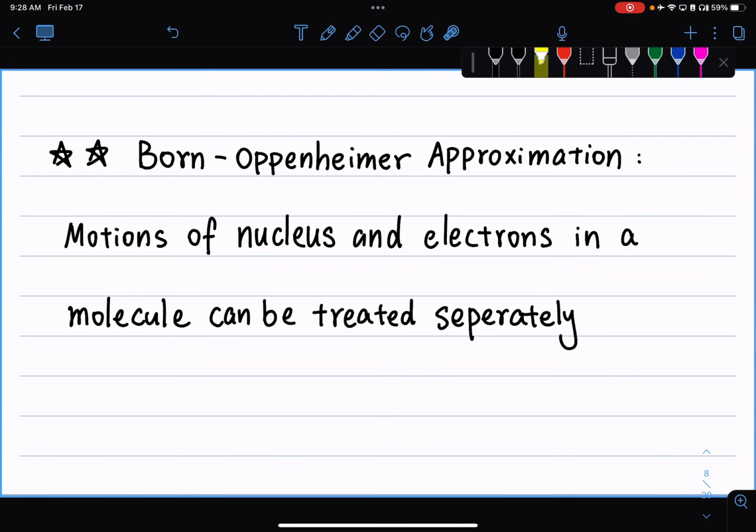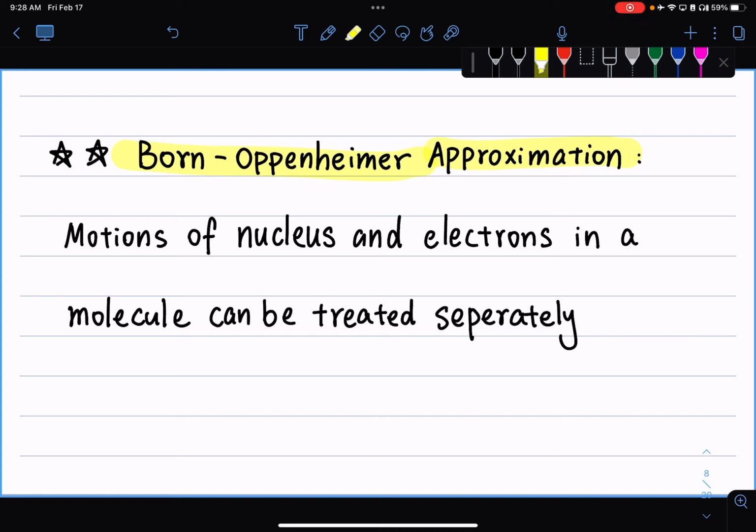So far, we were just talking about why we need the Born-Oppenheimer approximation. And here we're talking about the actual approximation. What it reads is that motions of nuclei and electrons in a molecule can be treated separately. Very straightforward.